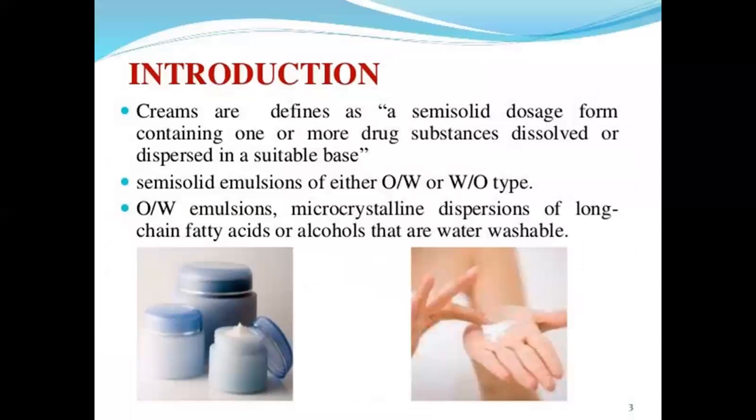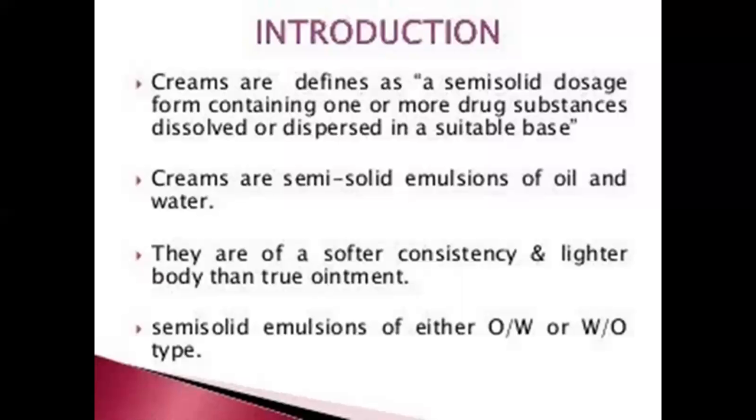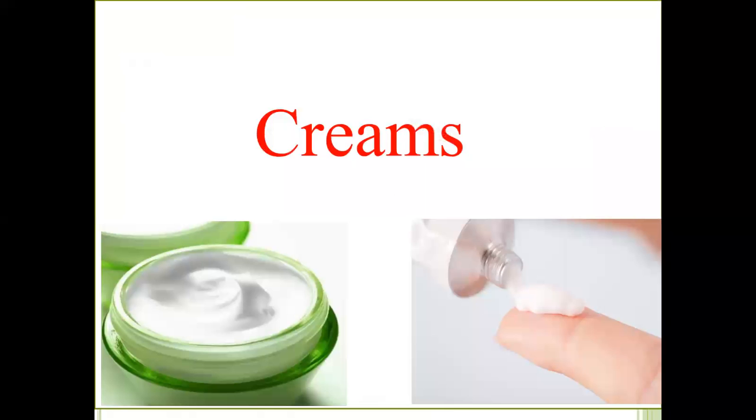Screen is visible to all? Yes, ma'am. Okay, so again they are the same preparations, and they are packed either into a wide mouth container or in tubes. So again we have to study the same points in this chapter. What is meant by creams, their definition, their classification.